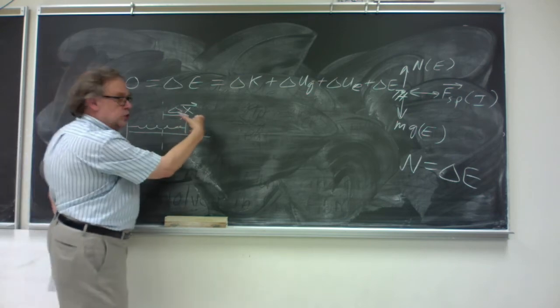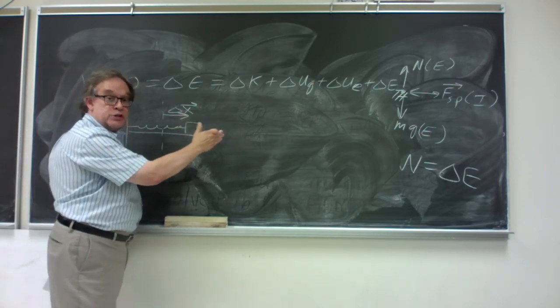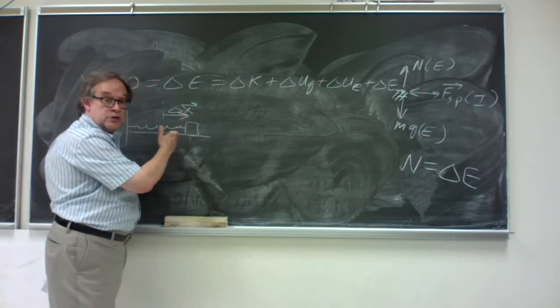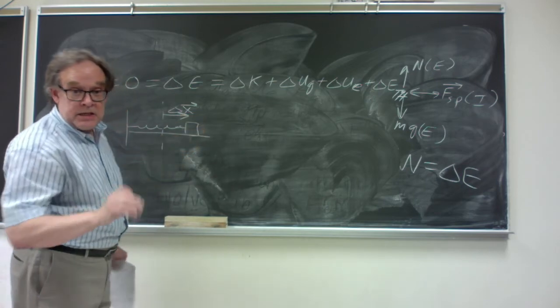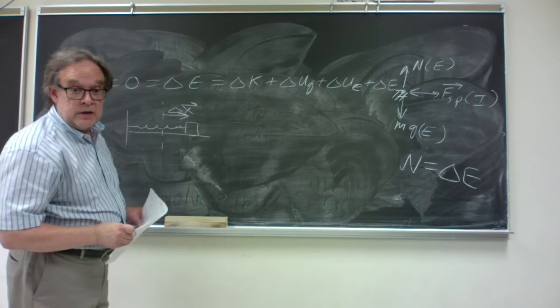So as soon as you let go, the mass will start to speed up. The mass will start to gain energy, but at the very instant you let go, it doesn't have any speed yet.